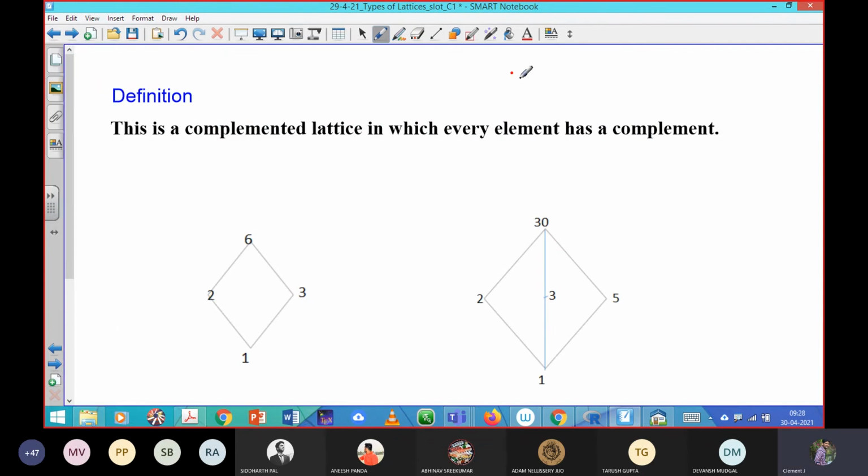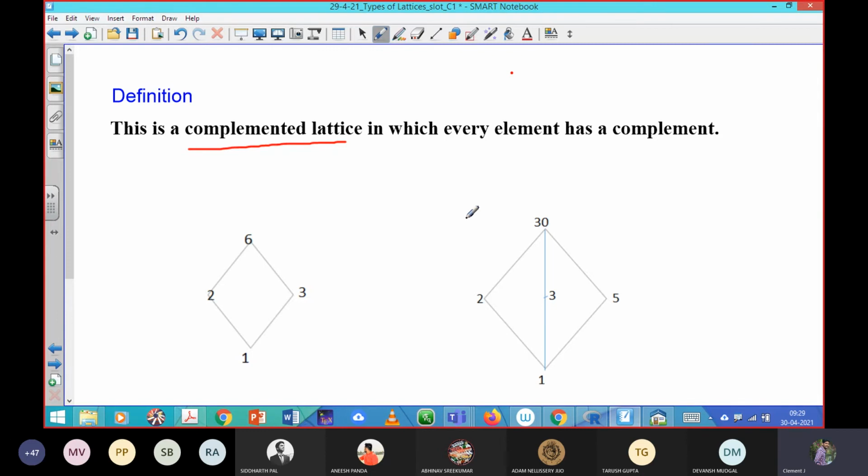Okay, the next definition is the complemented lattice. Already we have discussed the complement, how to determine the complement element in a Hasse diagram. Now we can step into the next definition, the complemented lattice.